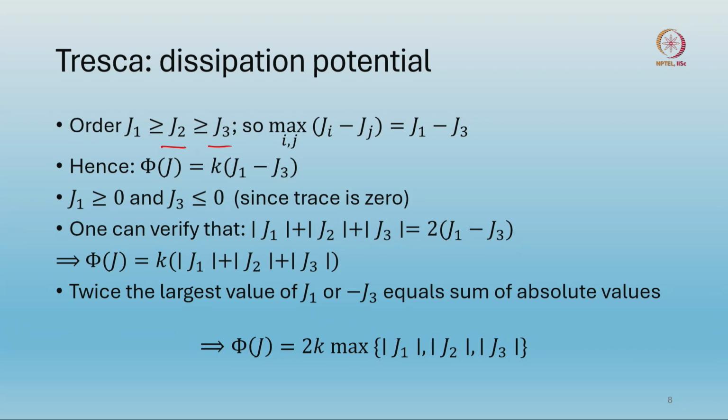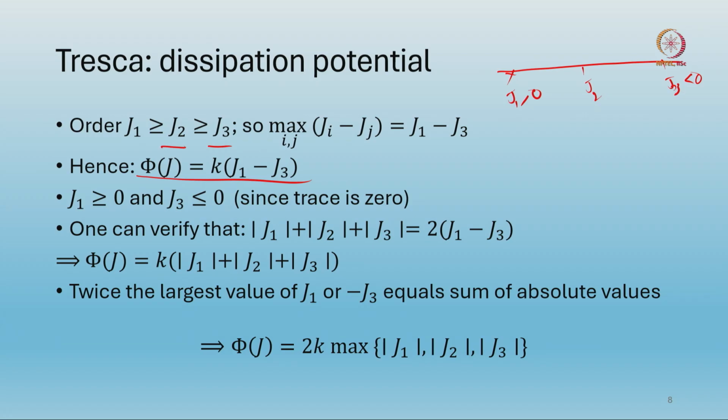On the real line, this is j1, this is j2, and this is j3, which is definitely less than 0. So the max of j i minus j j must be equal to j1 minus j3, you can clearly see that. Therefore I can simply say that phi of j is k times j1 minus j3. So far no problem, further simplified.